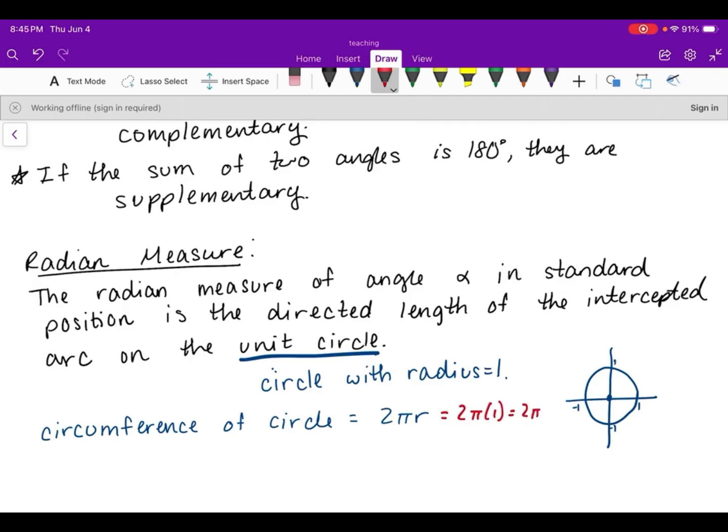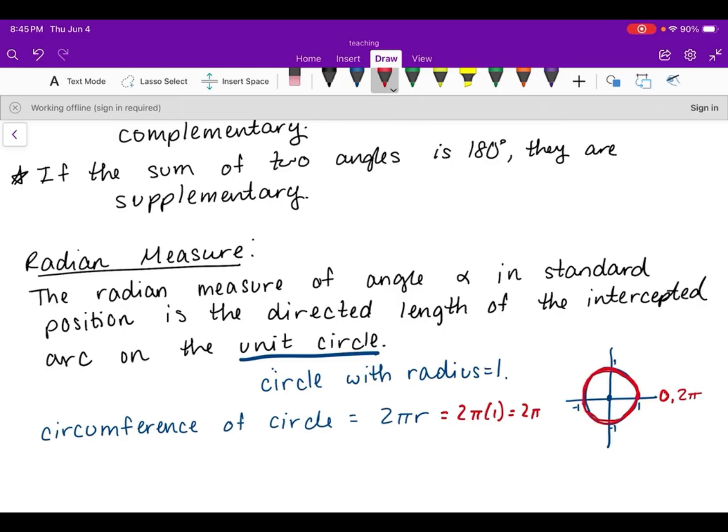What this tells me is that the radian measure of a full circle is 2 pi. If I start here at 0 and wrap all the way around the circle, I would end up at 2 pi. What this is measuring is how long the arc that's being created is.